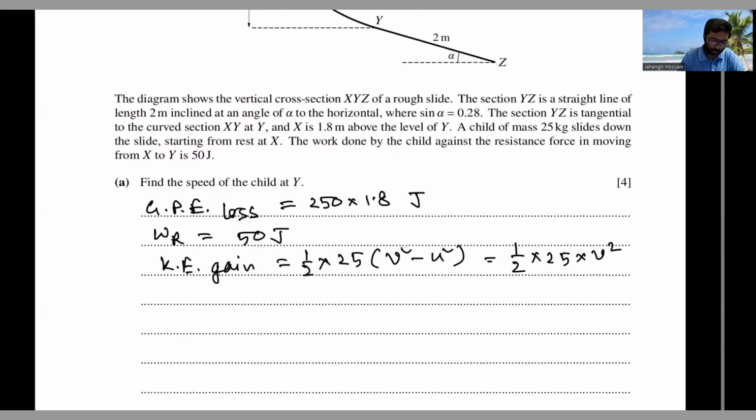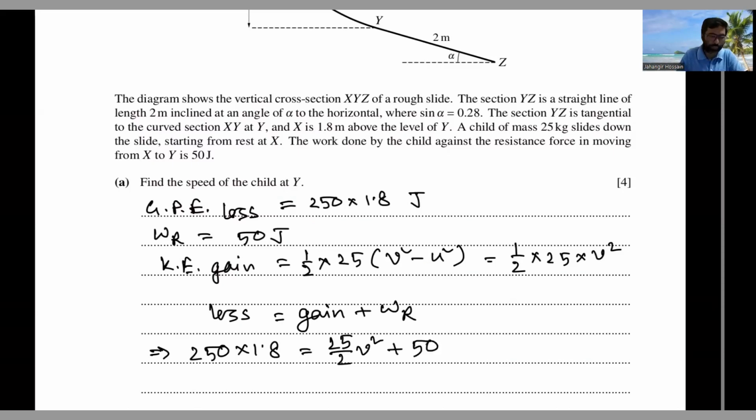Now if we apply the work energy principle, loss equals gain plus work against resistance. GP loss is 250 into 1.8. KE gain is 25 by 2 v squared, plus work against resistance 50.